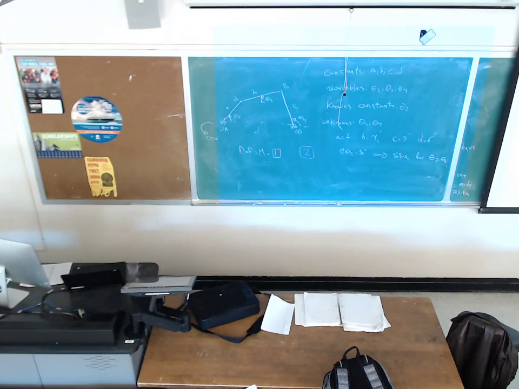R equals 7. I also know that the length of link 4, which is C, equals 9 inch. So I'm going to draw a circle with this center, and the radius is going to be 9 inch.